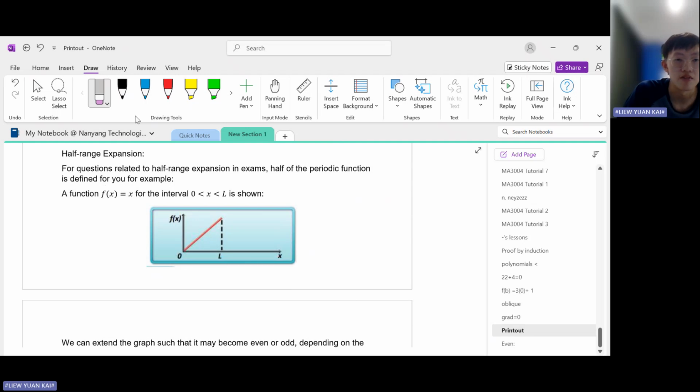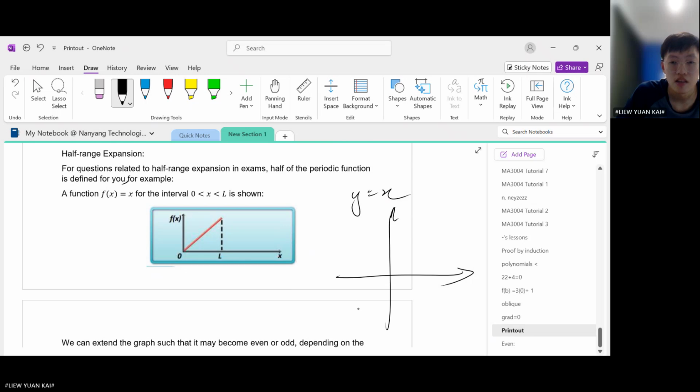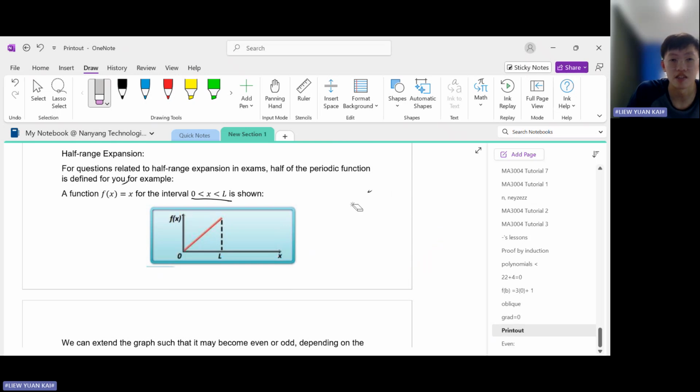For example, we're given a function f of x is equal to x defined for the interval 0 to L. You know that y equals x is a straight line passing through the origin, but in this case, the example defines it for 0 to L. So we only need to draw the graph between 0 and L. That's all, everything else excluded. So we draw that first, which is shown here in this diagram.